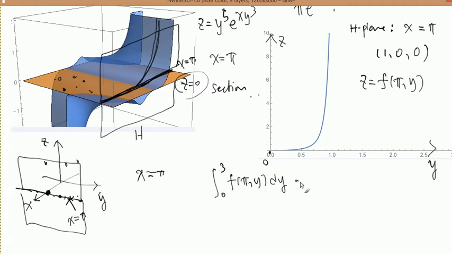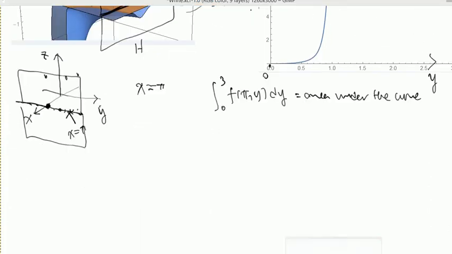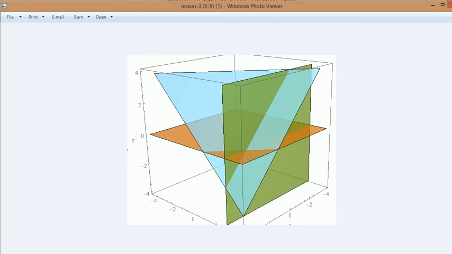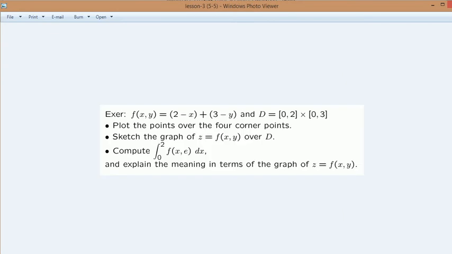Yeah, so that's the area under the curve. The curve is the section of the surface with this plane parallel to a coordinate plane. Fair enough? That's what that's measuring, if you specialize it and put in the one variable integral. Okay, let's keep going. Seems like it makes sense.